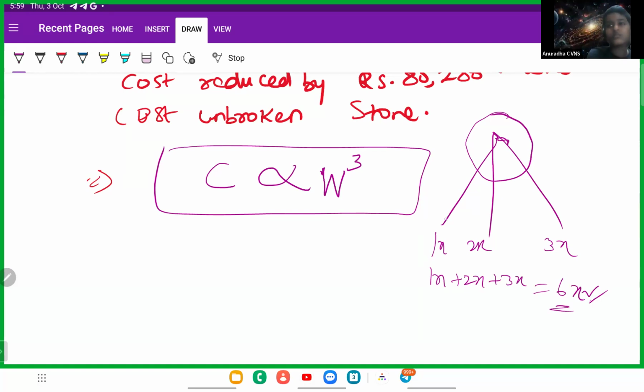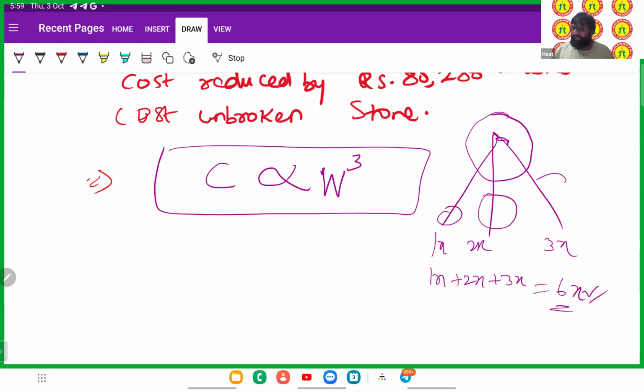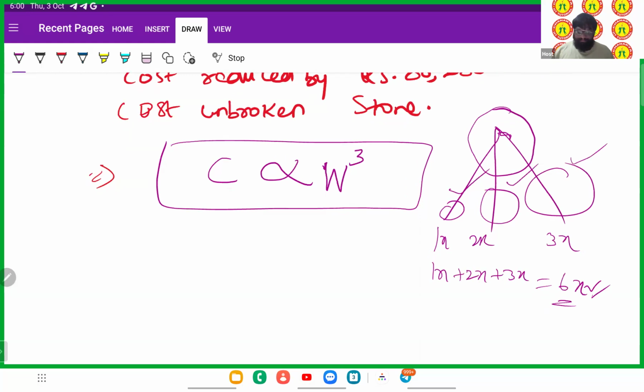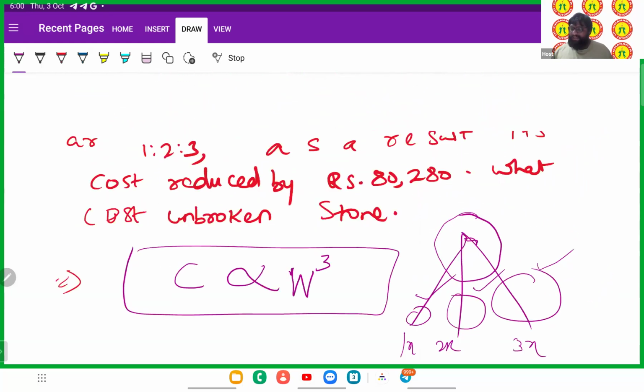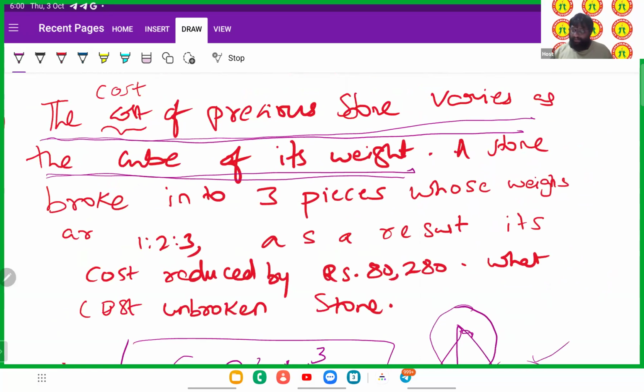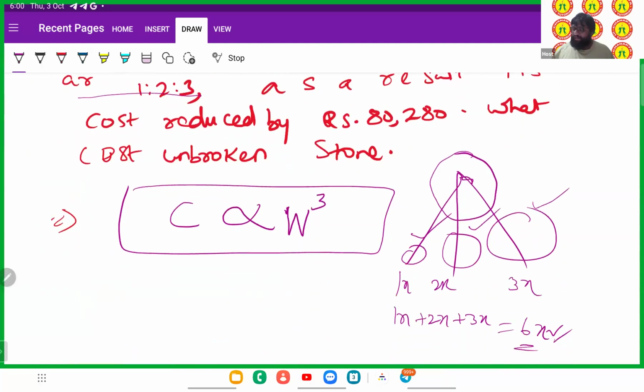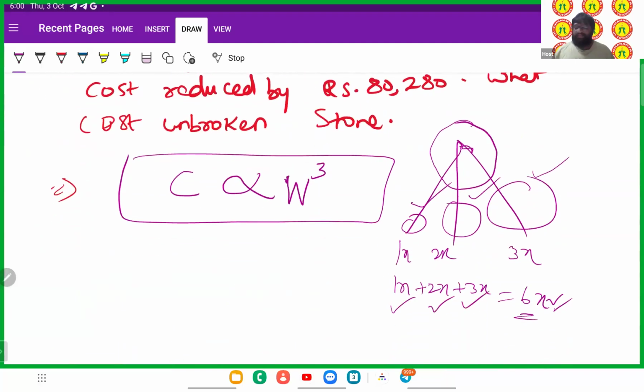So this is the stone, and after that it splits into these 3 stones: one small stone, a mid one, and 3 times of that. So 6x is given. These are the ratio of weights, correct?